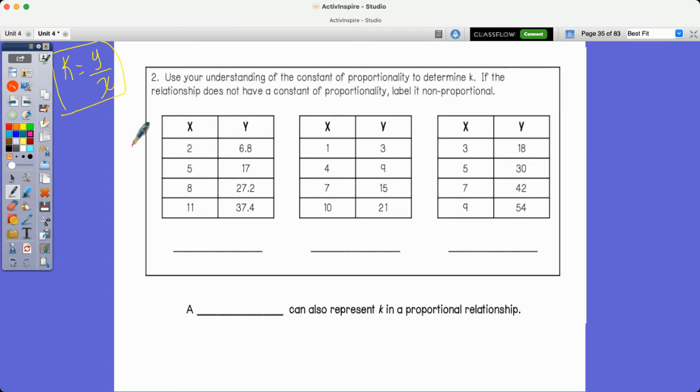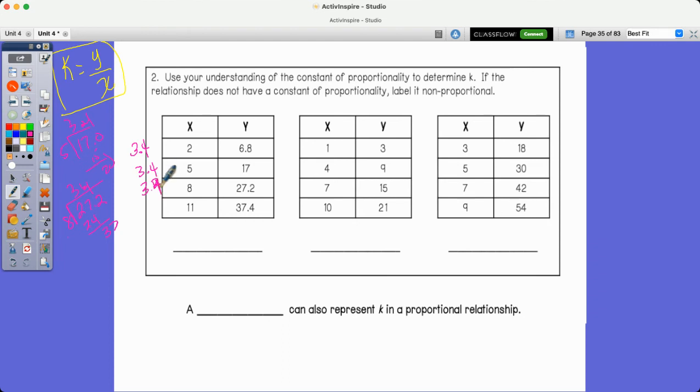6.8 divided by 2 is 3.4. 17 divided by 5 is 3.4. And 27 divided by 8 is 3.4.